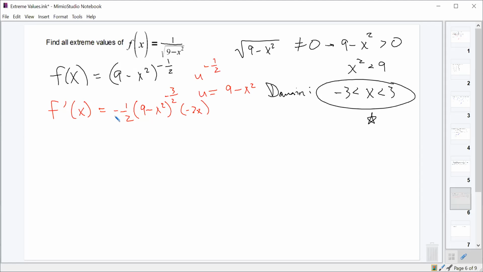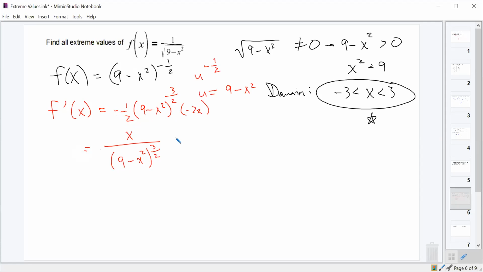Okay. And we got the negatives, which will cancel, and then a 2 in the numerator and a 2 in the denominator, which will cancel. So all I'm really left with is an x in the numerator, and then this 9 minus x squared to the -3/2 can drop down to my denominator as a 9 minus x squared to the +3/2. Everybody okay with that being our derivative? Yes. Wonderful. All right, so we got our derivative.